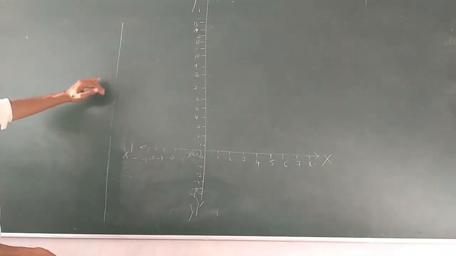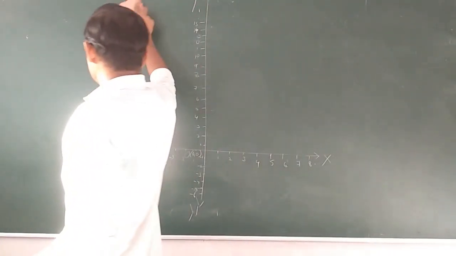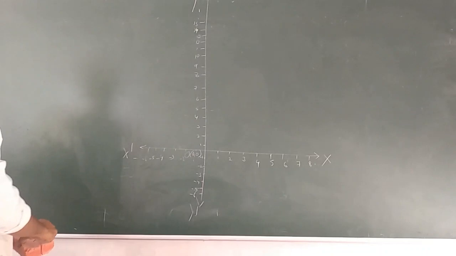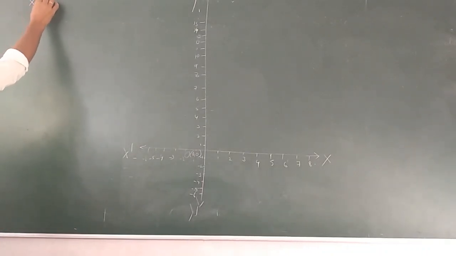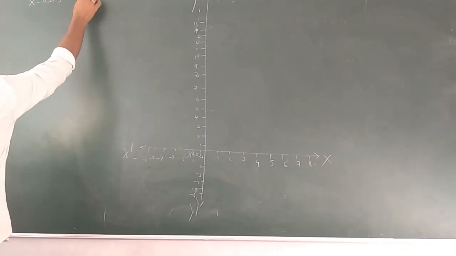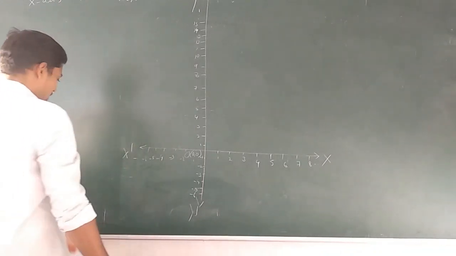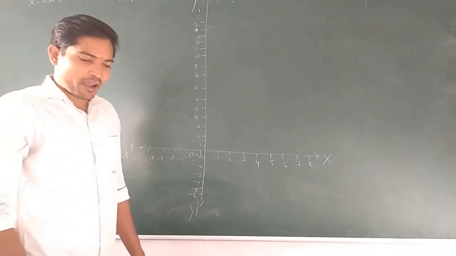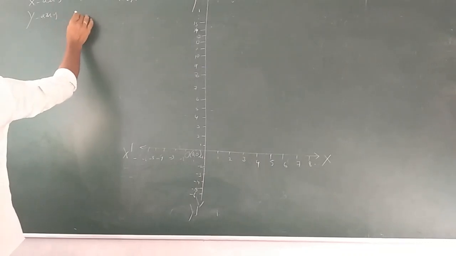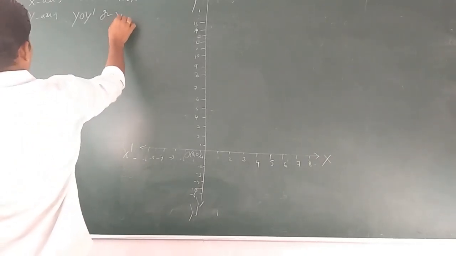The x-axis can be represented as X'OX or x dash x, and the representation of the y-axis is YOY' or y dash OY.